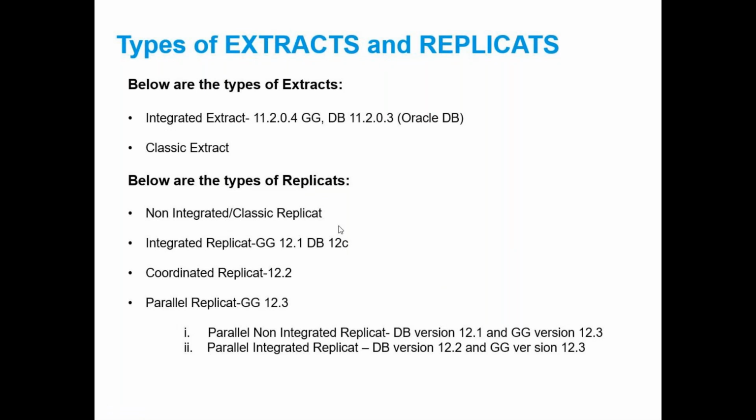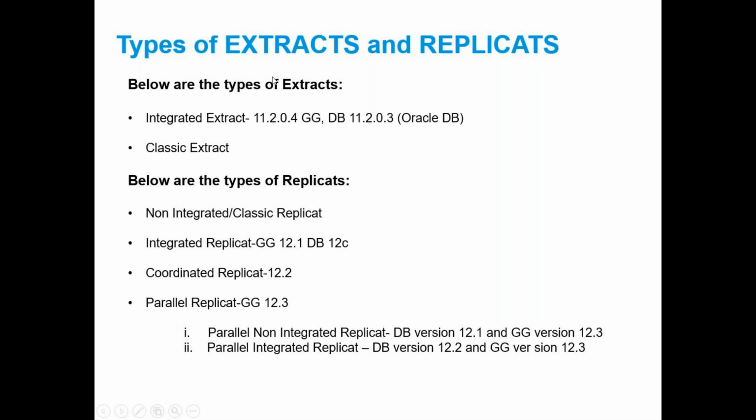So there are two types of extract, integrated and classic. Integrated extract is available from GoldenGate version 11.2.0.4 and database 11.2.0.3. One thing is it is available only for Oracle database. Classic extract is available since the beginning of GoldenGate and it is still being used. Classic extract is available for any non-Oracle databases as well.